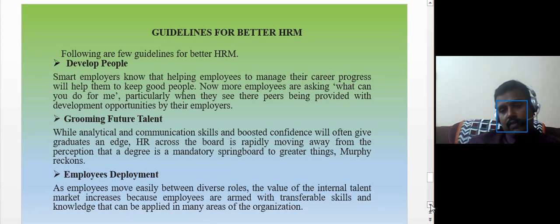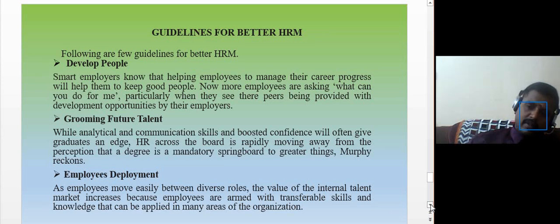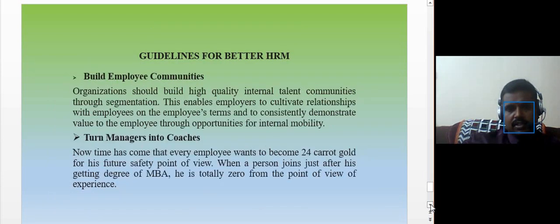We must identify the gap of the particular employee in adopting modern technology in their places. So transfer such employees to the next level. So these are all the ways you can develop better human resources in your workplace, and build employee communities.